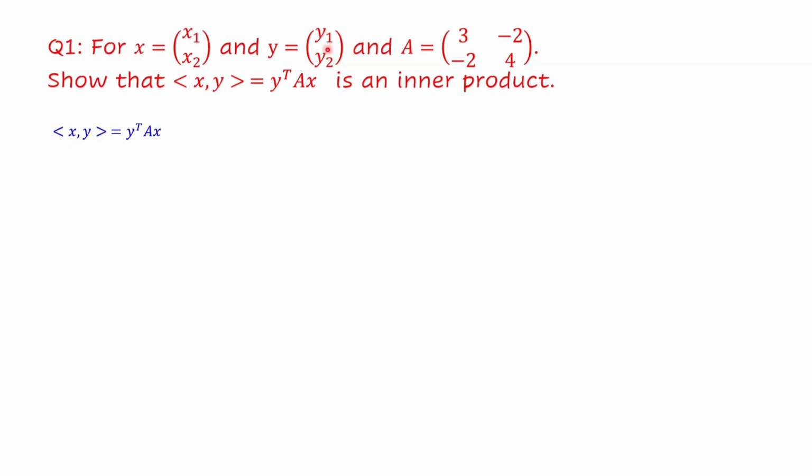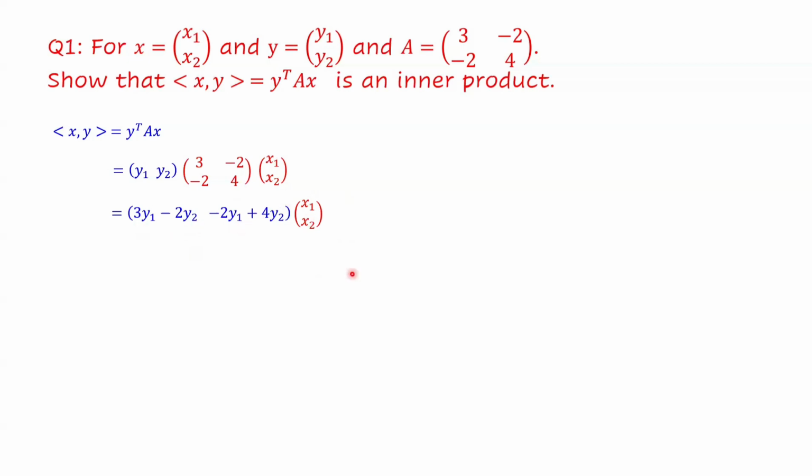So y is this column vector, so y transpose will become the row vector y1, y2, and then the matrix A, and then the column vector x. Then again, we will multiply this with the matrix, and we'll get 3y1 minus 2y2, and this is minus 2y1 plus 4y2, and then we'll have a column vector x1, x2.